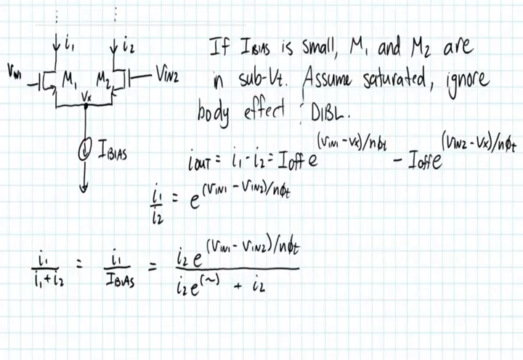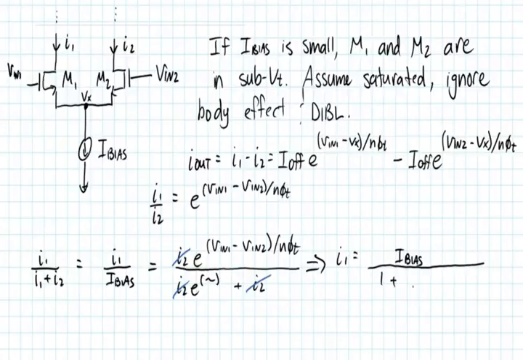In other words, I'm writing down the first expression that I had, I1 plus I2, on the bottom here, and I'm doing shorthand for those I's. What we see here is that these all cancel out, and we're left with a ratio of exponentials. So what we can say then is that I1 is equal to I bias divided by 1 plus e to the minus Vin1 minus Vin2 over n phi t.